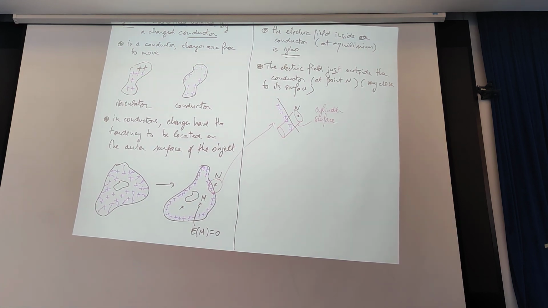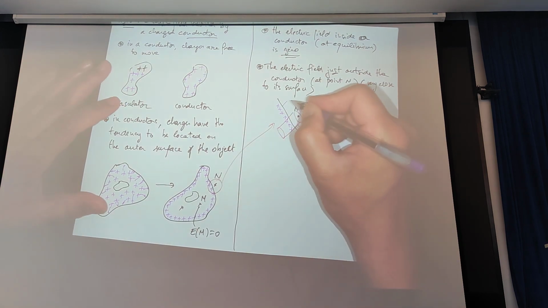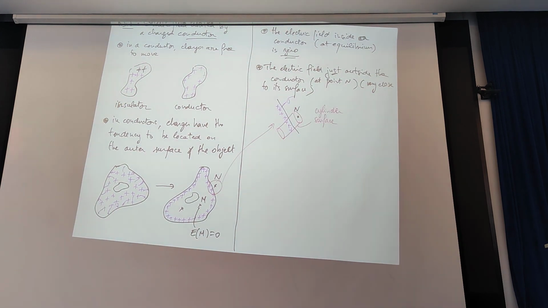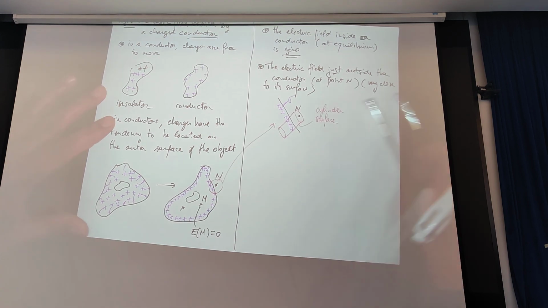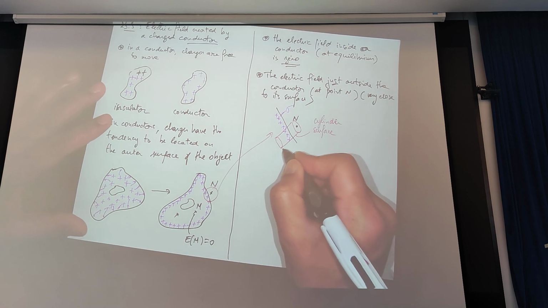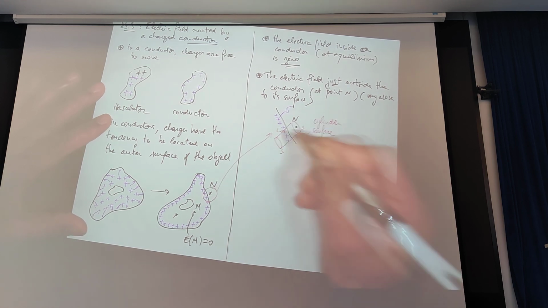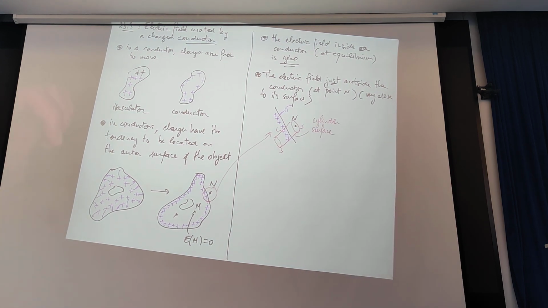We are going to do exactly the same thing as previously, but now be careful, it's a conductor. So this is sigma again, the density of charge. This is S, this is L, the length of the cylinder.